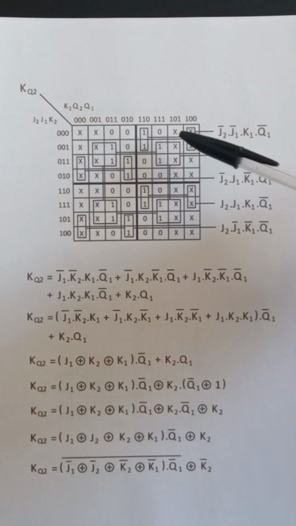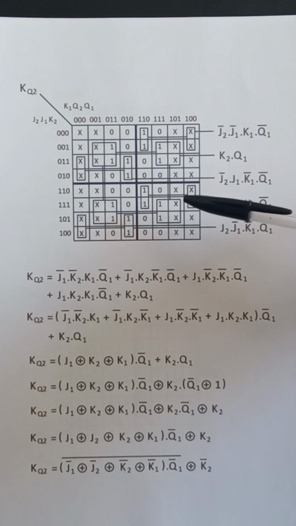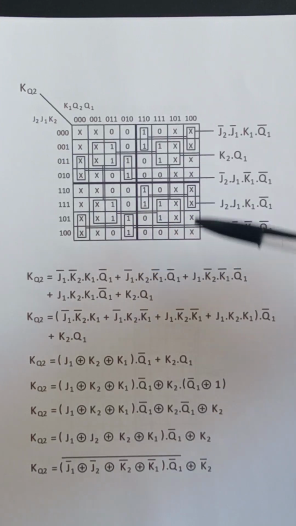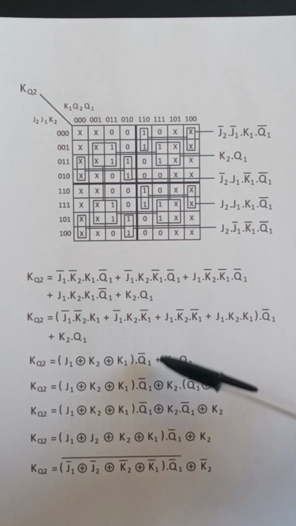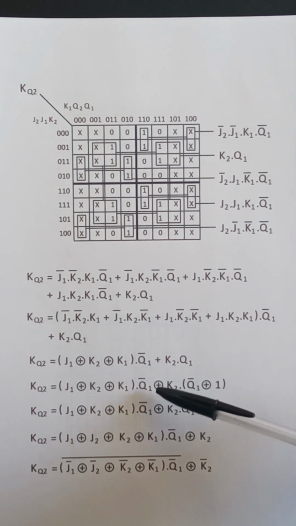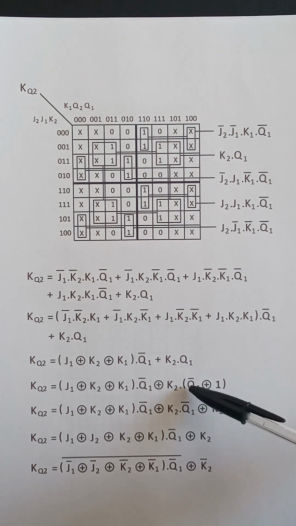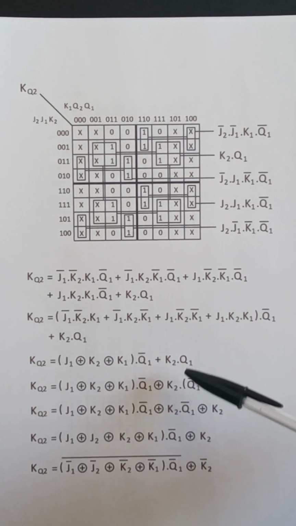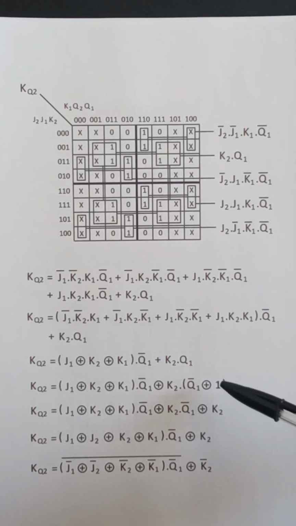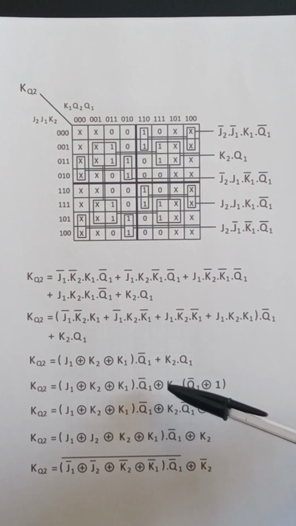Now because each variable again is looped once, each one in the loop is looped once, I can change that OR to an exclusive OR and use binary Reed-Muller algebra. So I've substituted Q1 for not Q1 exclusive OR 1, which is equal to Q1. I've changed that, as I said, to an exclusive OR gate.